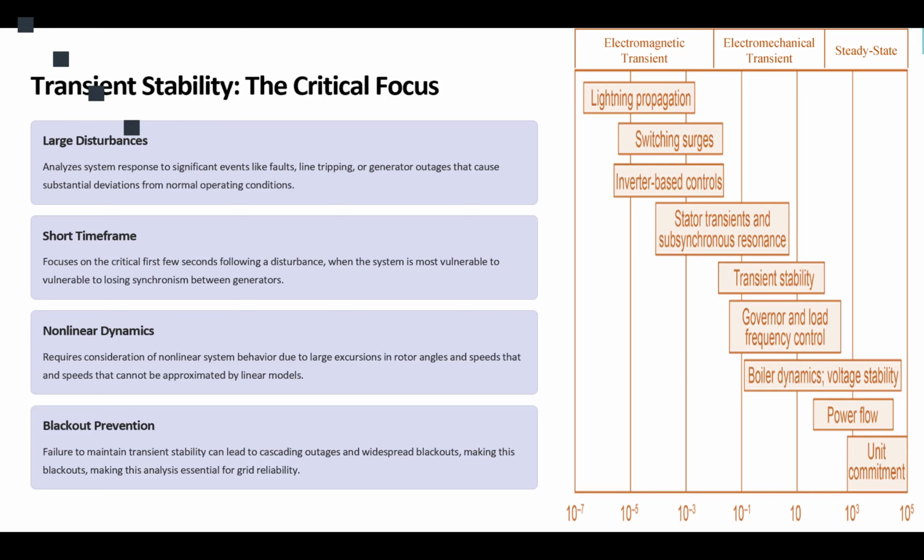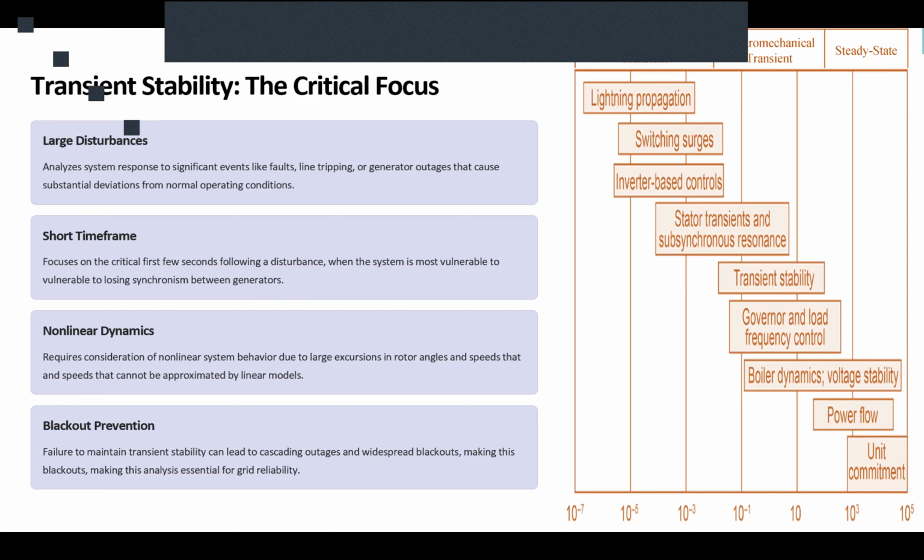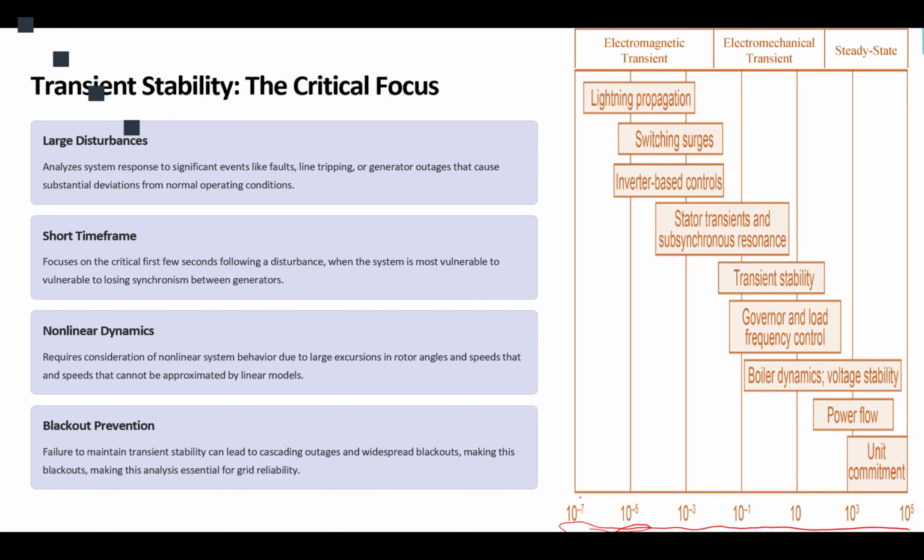As you can see, we have an electromagnetic transient, which is a very short time. The x-axis here is time. It's 10 to the minus 7, so it's less than a microsecond time scale. These electromagnetic transients are very fast, instantaneous disturbances, like a lightning strike.